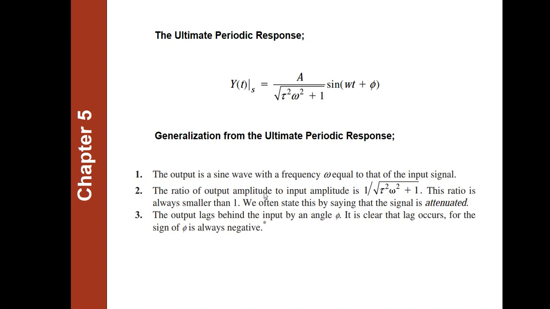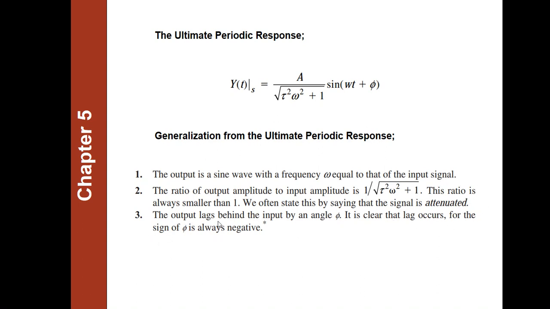The ratio of the output amplitude to the input amplitude would be this, and this is always smaller than 1. And this is giving us a new term, which is the attenuated term. Meaning the amplitude of the signal was decreased. Attenuation is another term used in controls for a decrease in value. So the signal decreased in value, and it is expected really to decrease.